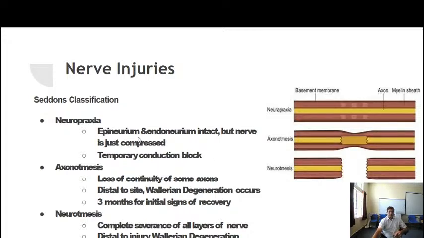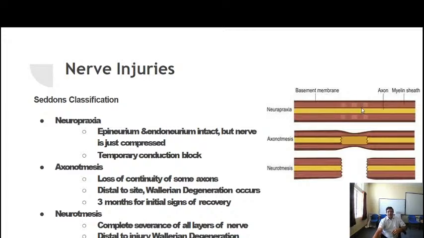These are classified by one classification which is called the Seddon's classification, where the flow of the axon is to some extent blocked because of pressure. Okay, and that is called neuropraxia.